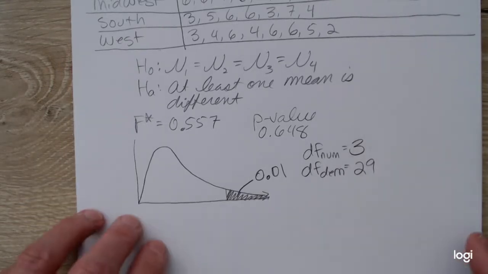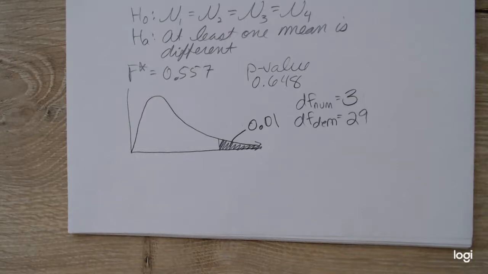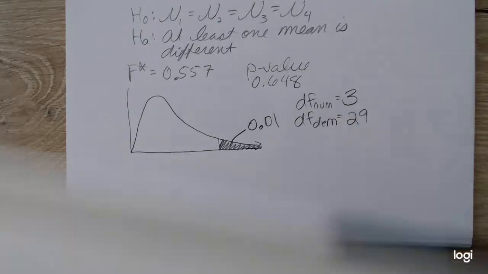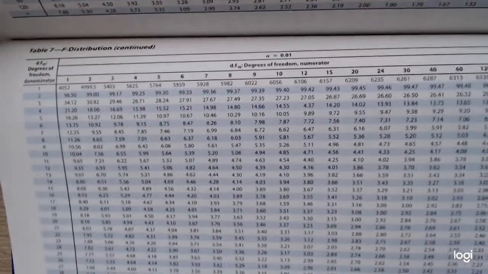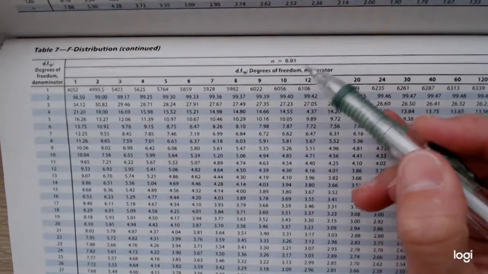Okay, sorry about that. All right, so an F table is kind of hard to read, and I've never found one in a textbook that I've liked, and it's multiple pages long. The first thing you need to do is go to the page that corresponds to your level of significance.